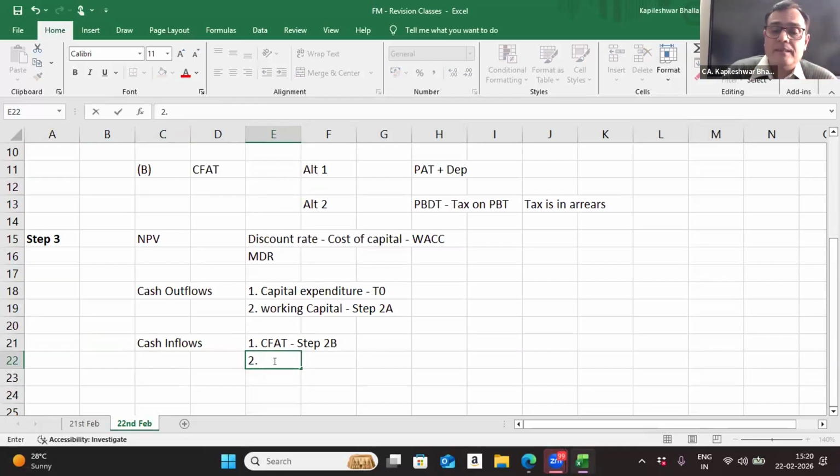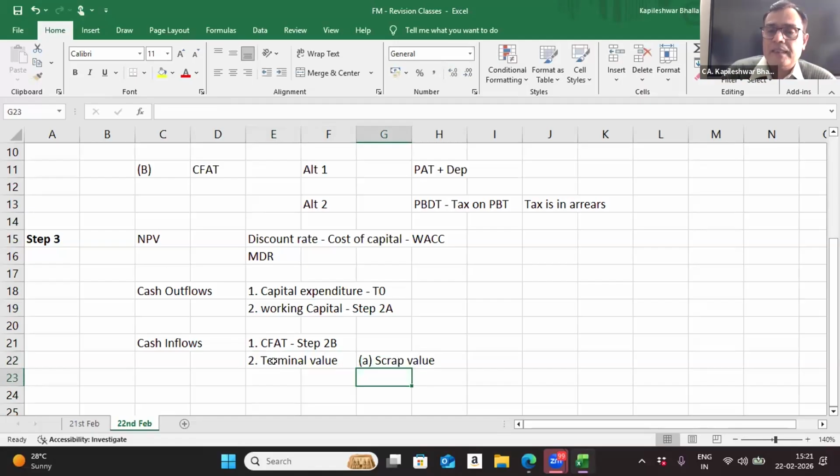Yes, so we can say there will be a terminal value, and when you consider a terminal value, there will be two elements of the terminal value. Number one, we would consider the scrap value of the asset, and number two, we're going to consider the recovery of the working capital.